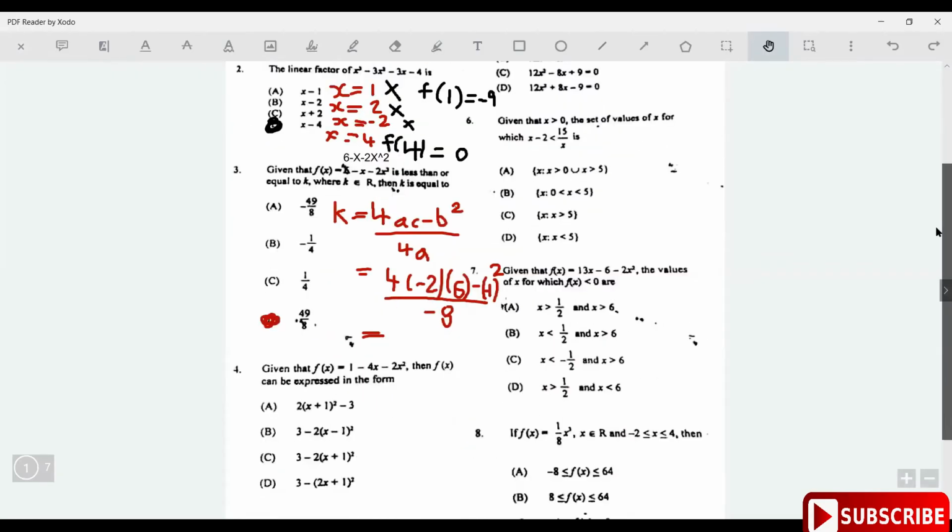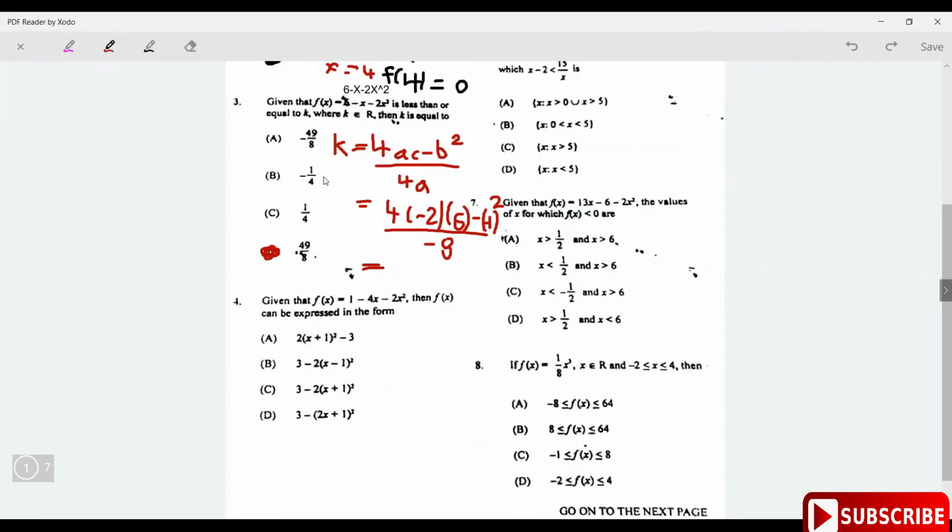Question 4. Question 4 says, given that f of x is 1 minus 4x minus 2x squared, then f of x can be expressed as. So we need to complete the square for this. To do that, we need to find h and we need to find k. So let's find h. H would be equal to b over 2a, and it's going to be minus 4 over 2 times negative 2.